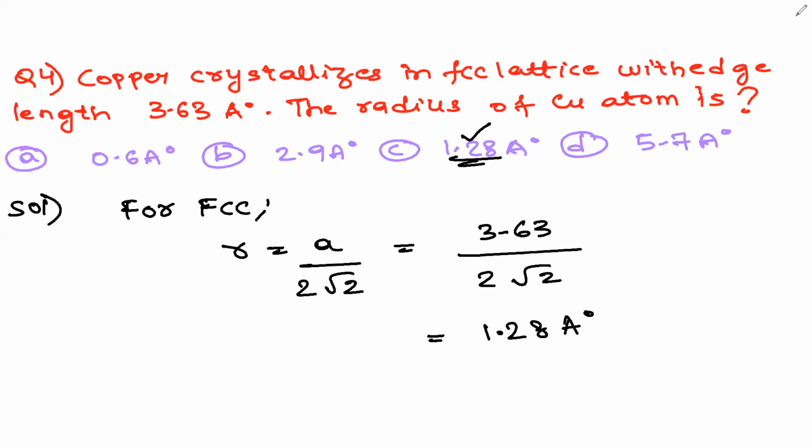For FCC, R is equal to a by 2 root 2. These formulas we have derived. So a value is given, 3.63 angstroms, and by substituting the values you'll get after calculation 1.28 angstroms. So this is model number 4. Next, model number 5.